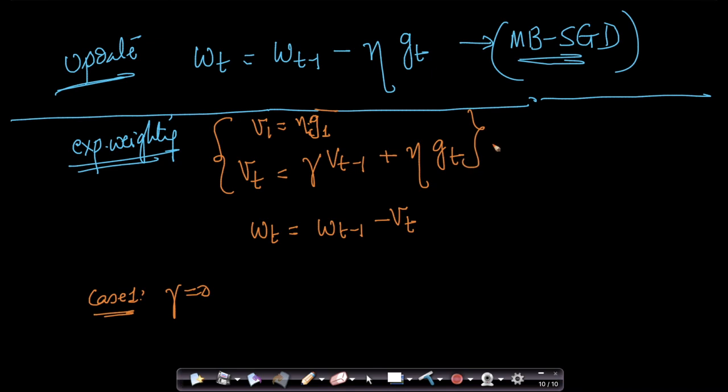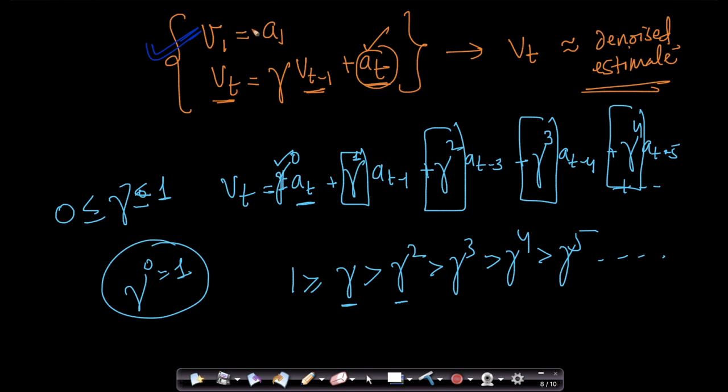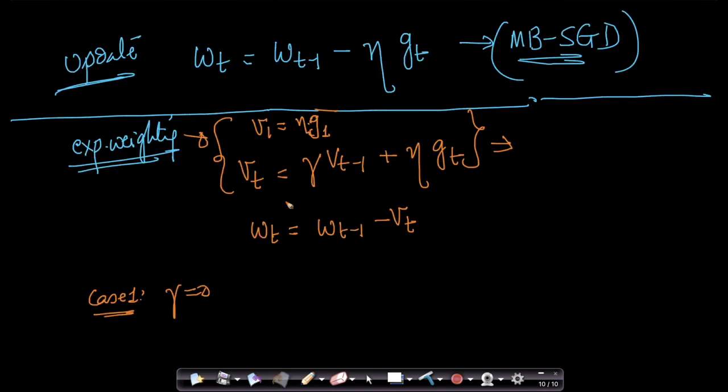If you look at this, this is exactly like my exponential weighing, right? Instead of A_t here, I'm writing eta times G1. Eta is my learning rate. What happens if my gamma equals 0 here? If gamma equals 0, at any time Vt is going to be eta times Gt, which implies, what is my Wt?